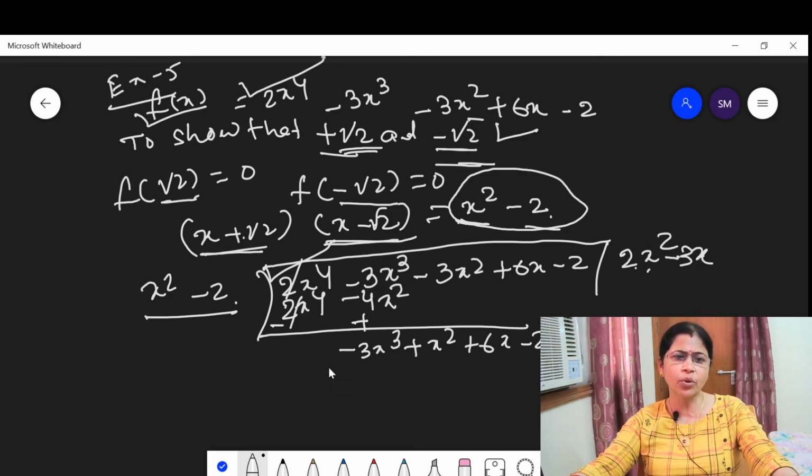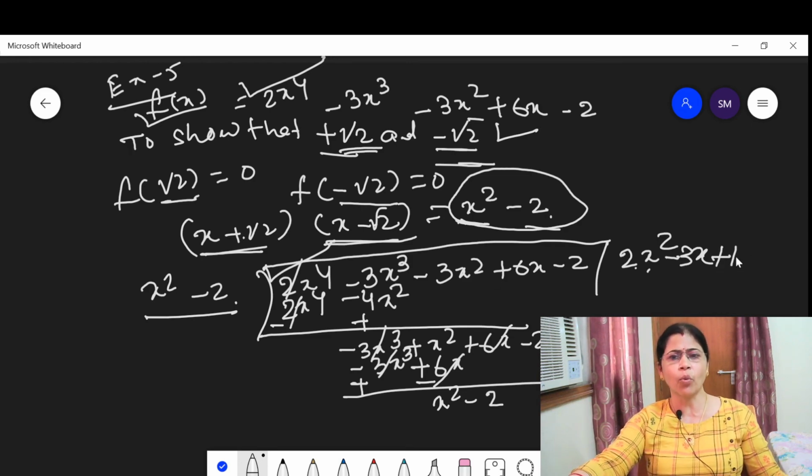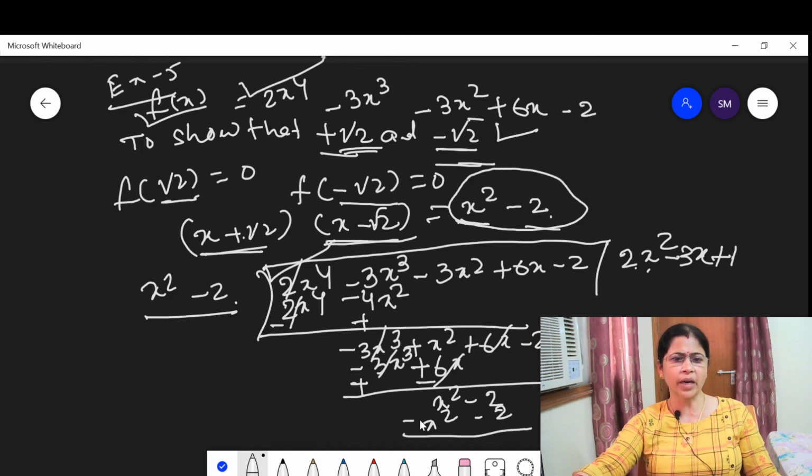Minus 3x into x square is minus 3x^3, and minus 3x into minus 2 is plus 6x. Subtracting, these cancel, and we get x square minus 2. Then to get x square, multiply by 1: 1 into x square is x square, and 1 into minus 2 is minus 2. Then by subtracting, we get 0.